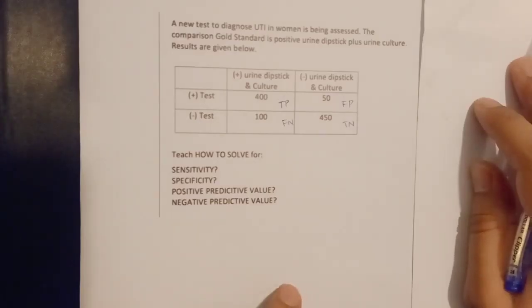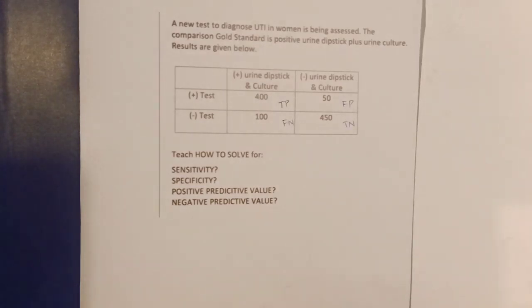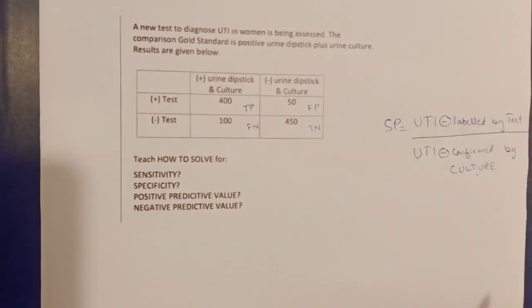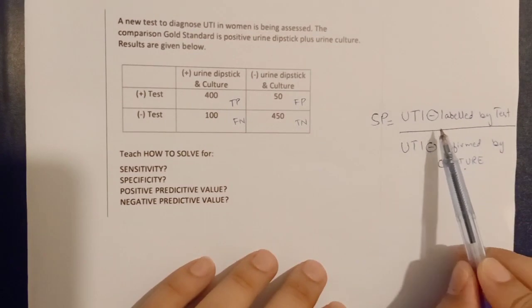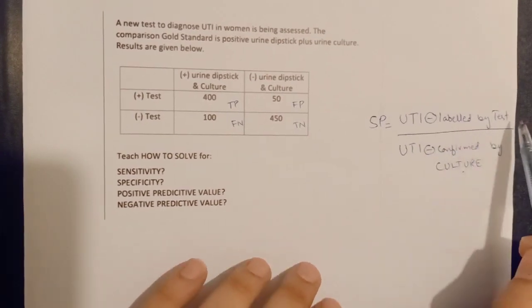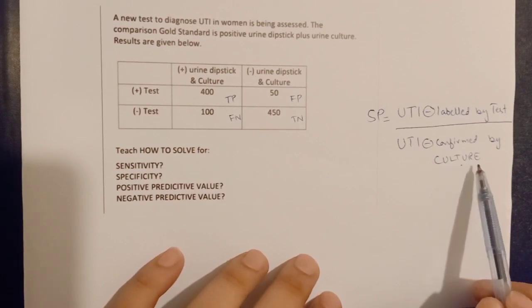Now moving to specificity. Specificity is the ability of a test to pick true negative patients. In other words, when a test is applied to a group of people who are confirmed non-UTI patients, this test also labels them as negative for UTI. So the formula is: UTI negative patients labeled by the test over UTI negative patients confirmed by the culture test.